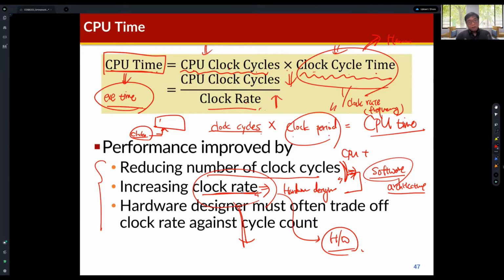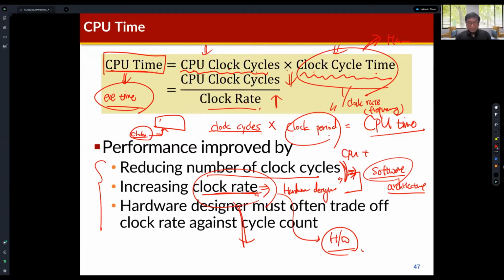From these we can calculate the CPU time. Why do we divide the CPU time into two parts, the number of clock cycles and the clock period?